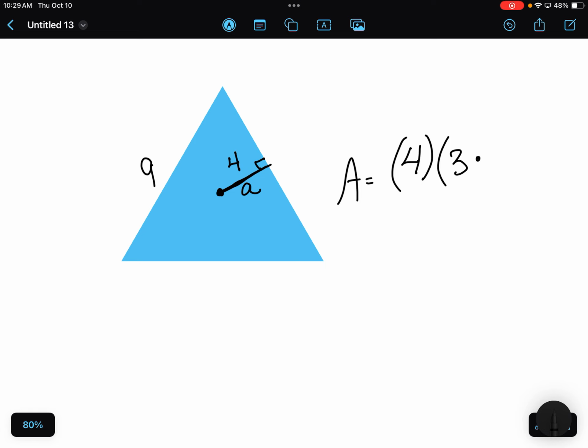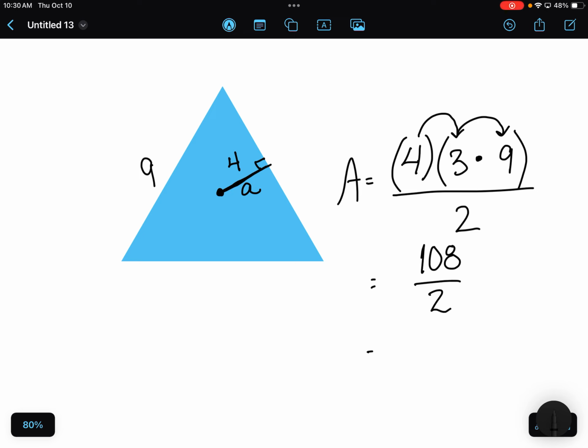And how big is each side? 9, divided by 2. So what's 4 times 3 times 9? 108. And what's 108 divided by 2? 54.